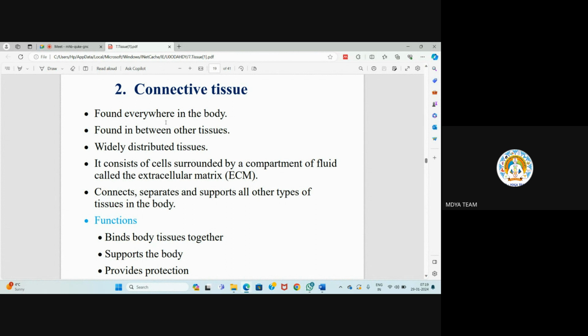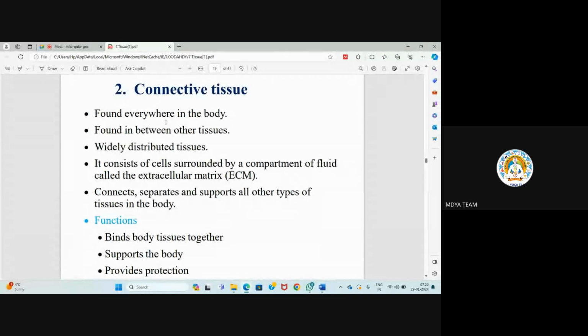It connects, separates, and supports all other types of tissue in the body. It also connects and separates. A ligament is an example of connective tissue. Do you know ligament? It joins the bones, near the knee and elbow.